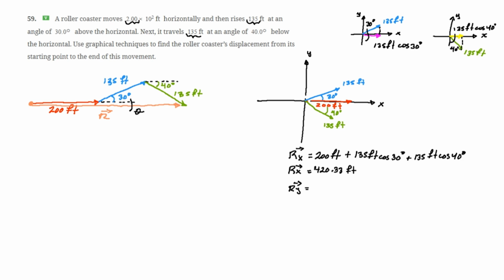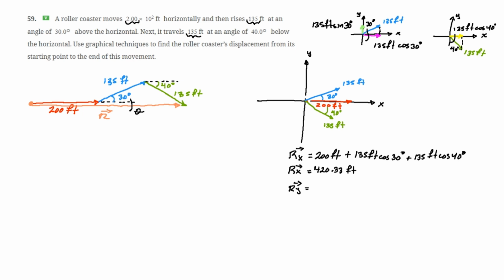Now, the vector of 135 feet with 30 degrees above the horizontal, we have a component here that will be this one, pointing outward. And that component pointing outward will be by the sine. So it will be 135 feet sine of 30 degrees.